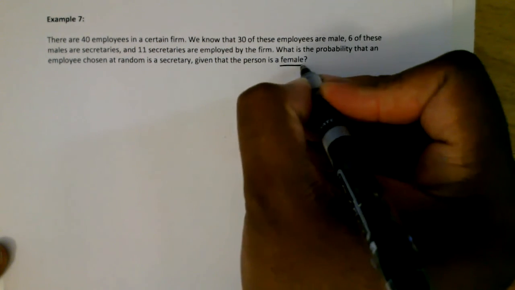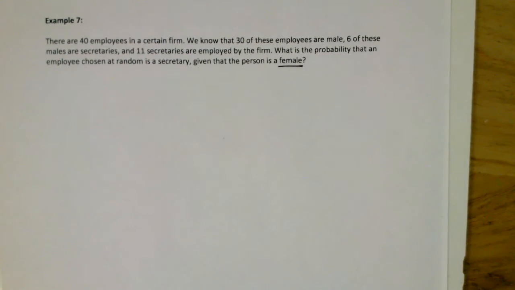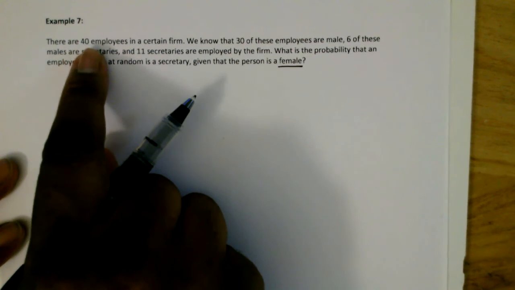And I'm going to underline this because they're giving you information regarding males. We want to find out the probability that an employee chosen at random is a secretary, given that the person is a female.